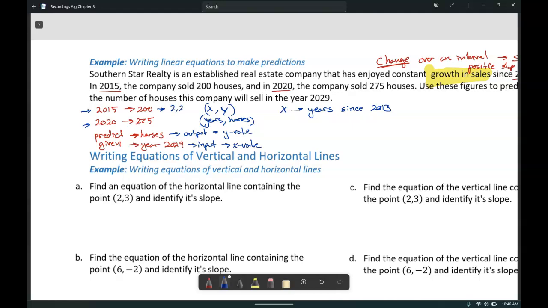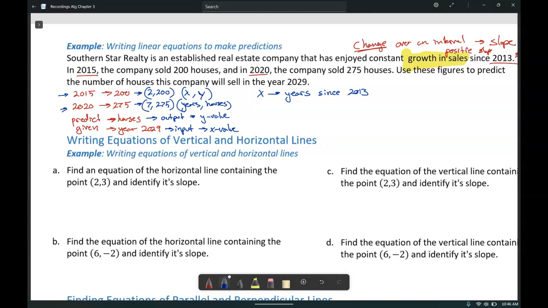So our first ordered pair is (2, 200). And 2020 is 7 years after 2013. So our next ordered pair is (7, 275). So we have 2 ordered pairs, or 2 points on our line, (2, 200) and (7, 275).